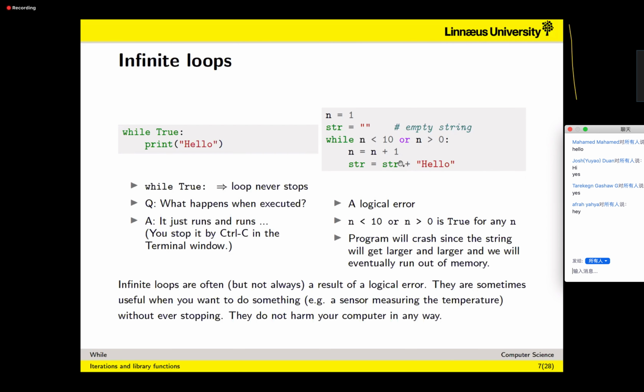Any problems with the while statement? While some condition, as long as the condition is true, it runs and repeats the statements inside the while statement. And of course, I didn't say it on any slide, but like in the if statement, indentation is important. The indentation here shows what is the body of the while statement.